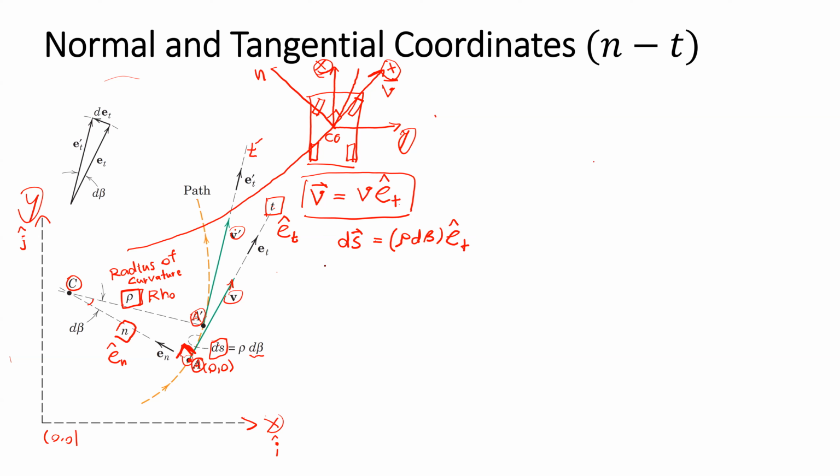So the velocity can be the first time derivative of the small displacement, and we can write this as d-beta by dt.